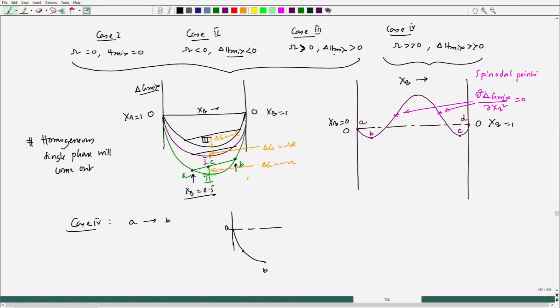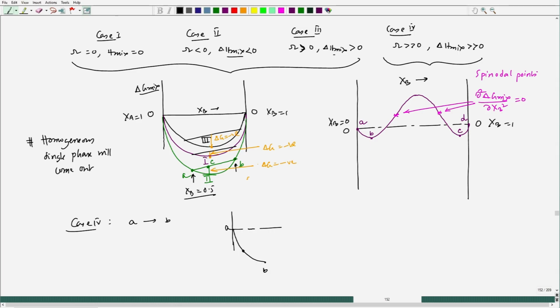Okay. I mix two metals A and B and form a composition like this, and now I see what will be the phase that would form. In fact, this entire line talks about the free energy of a particular phase.